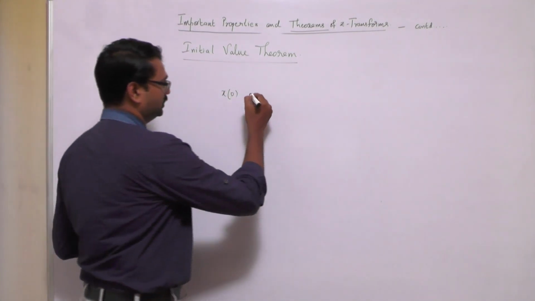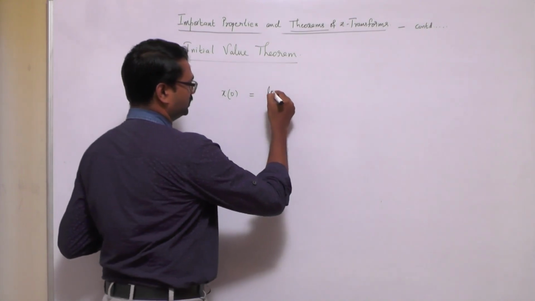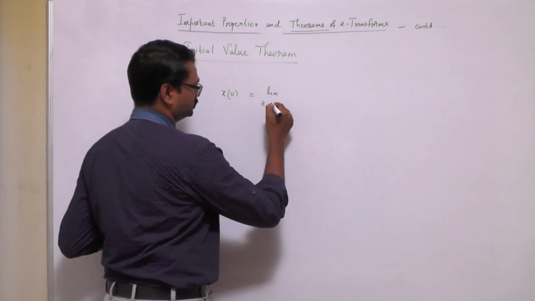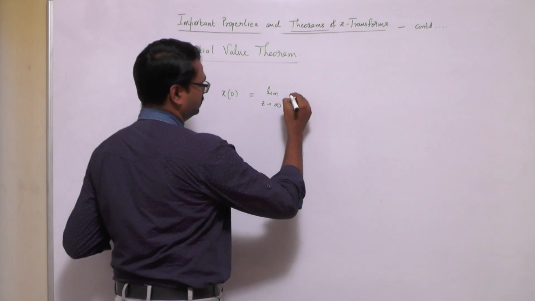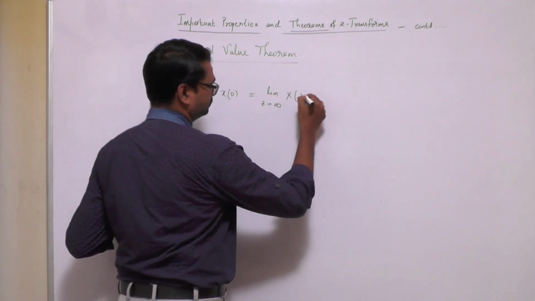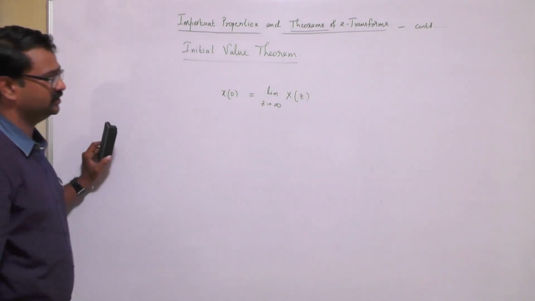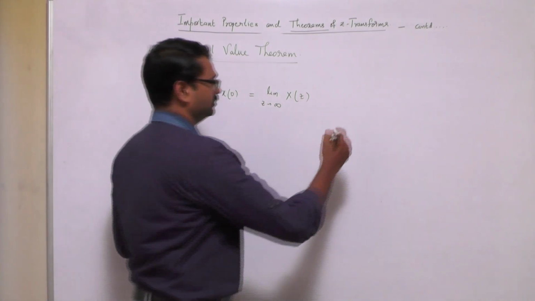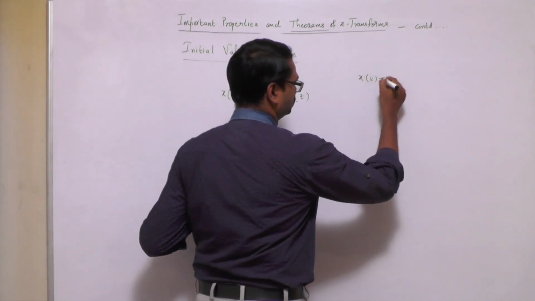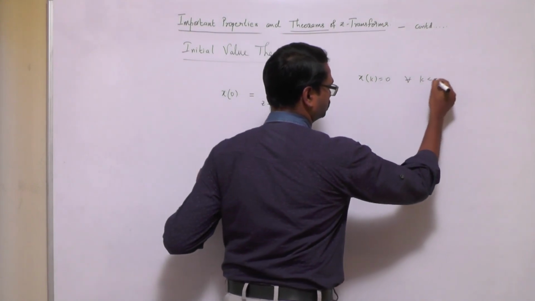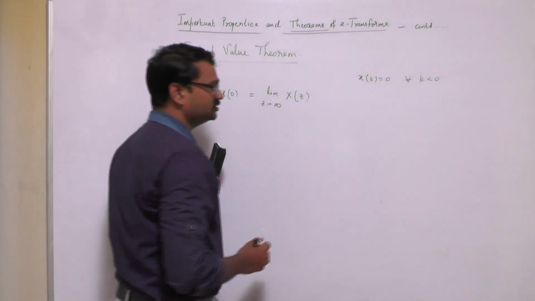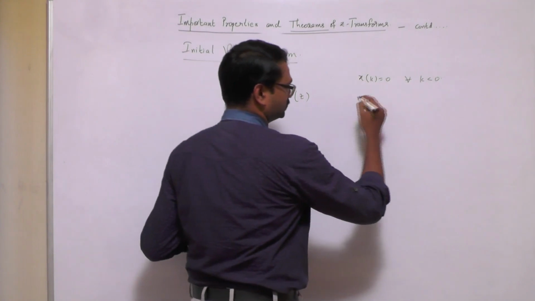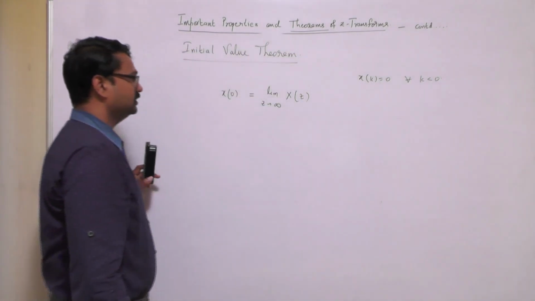X of 0 is limit as z tends to infinity x of z. This is called the initial value theorem. This is for x of k equal to 0 for all k less than 0, and x of k exists for all k greater than or equal to 0.